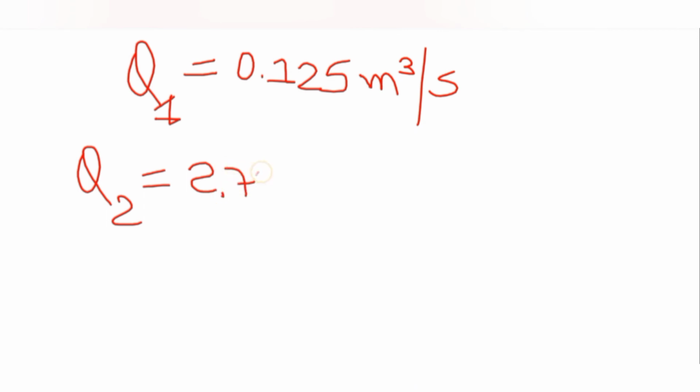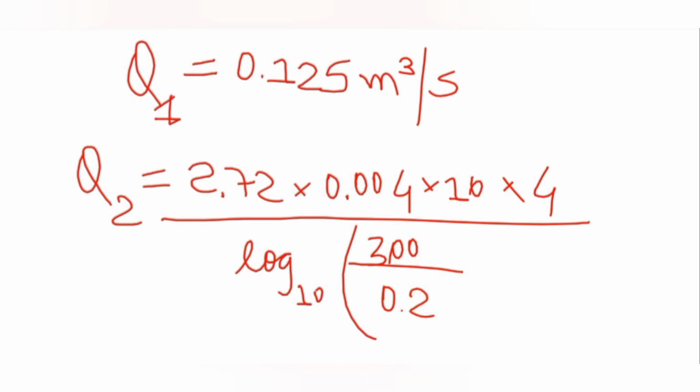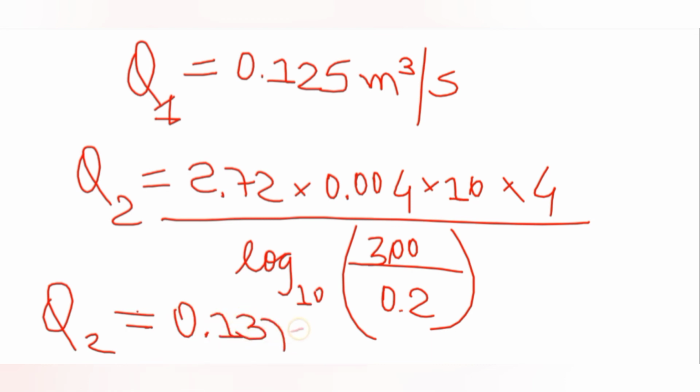Using the equation, 2.72 into K, that is 0.004, into B, that is 10, into S is 4, divided by log to the base 10 of 300 upon r, and now in this case r is 0.2 meter. On solving this, we get Q2 is equal to 0.137 meter cube per second.